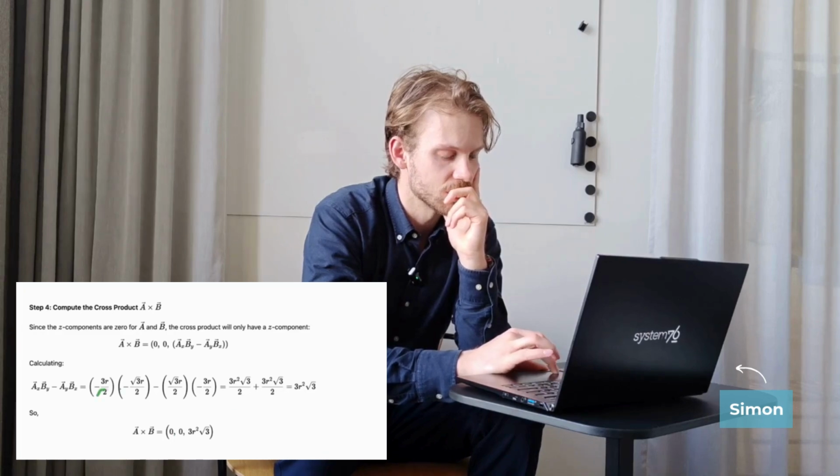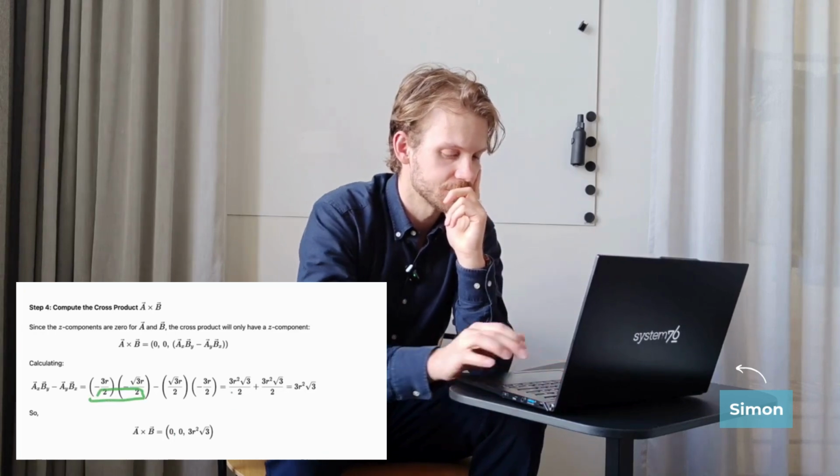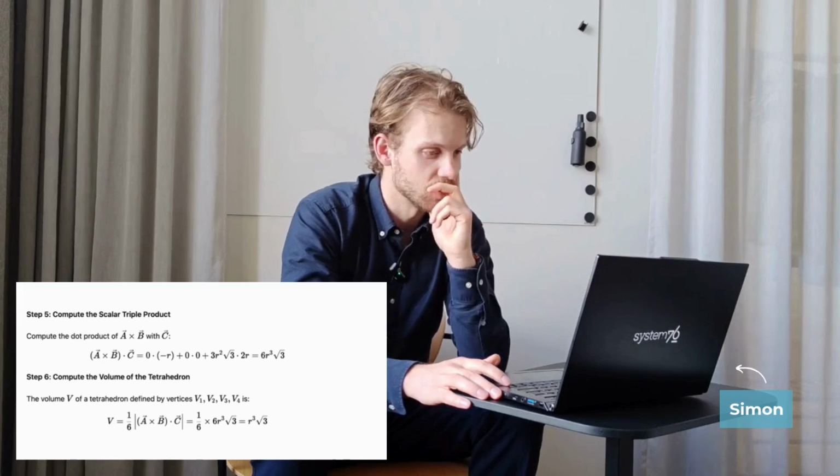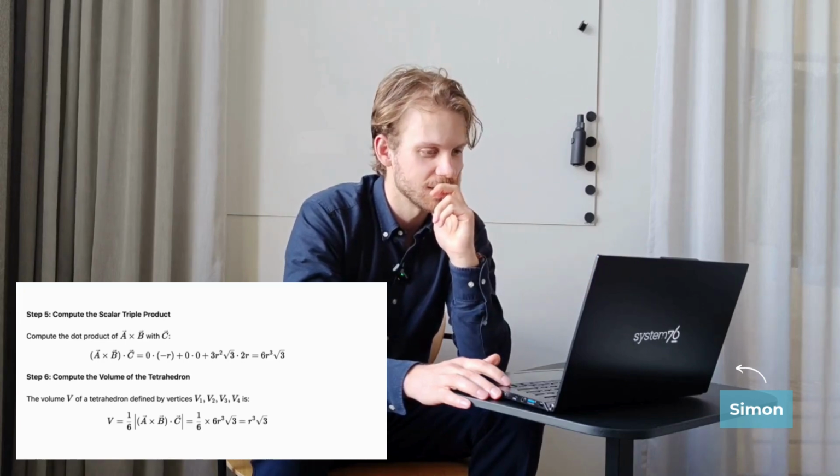Interesting note here, it seems to make a mistake translating this part into a 2, where I think it should be 4. Then it computes the scalar triple product, which to my knowledge you use to calculate volumes in linear algebra.